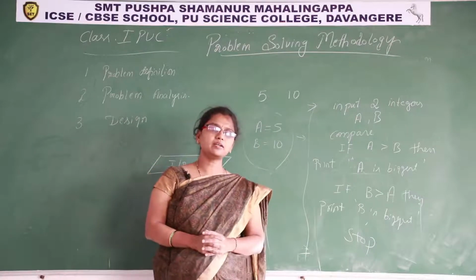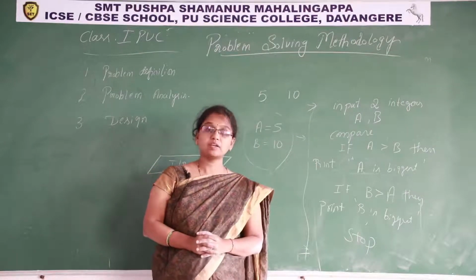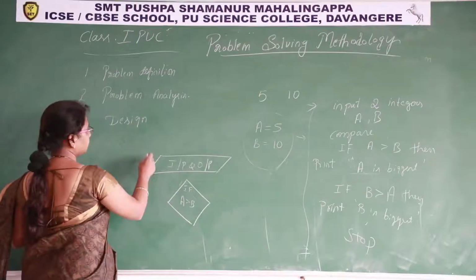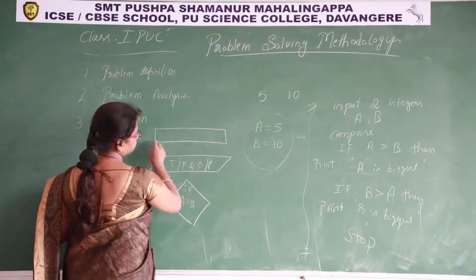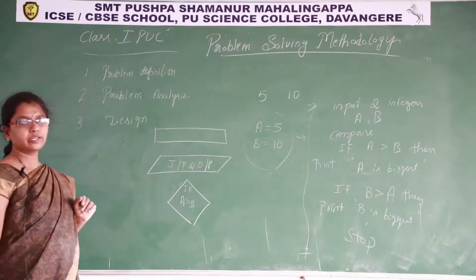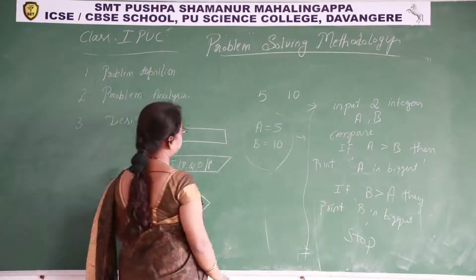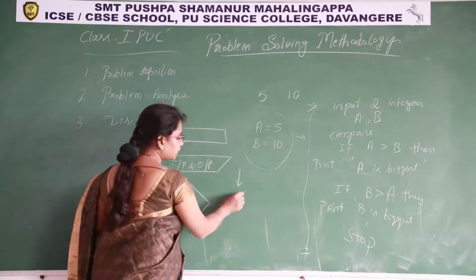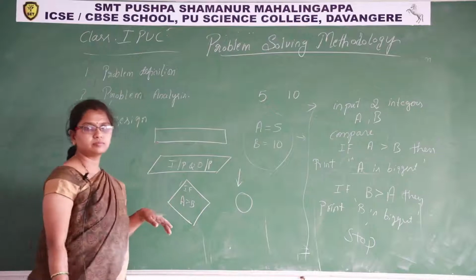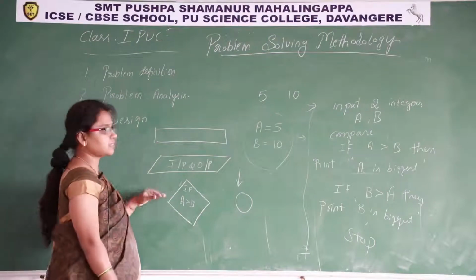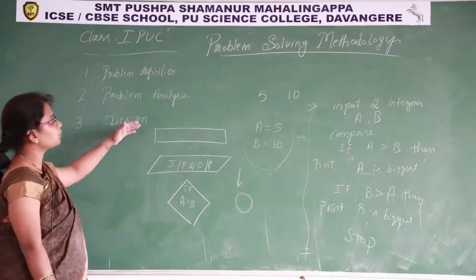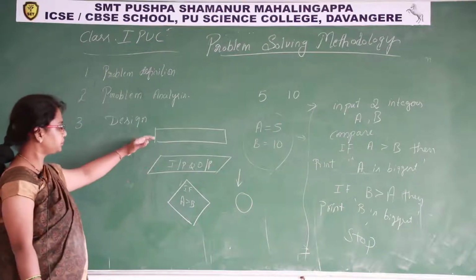That is a mathematical or arithmetic calculation. If any calculations are there in the program, we must use a rectangle. Okay, then arrows for direction, circle for continuation. So these are the basic symbols available in this problem solving methodology.